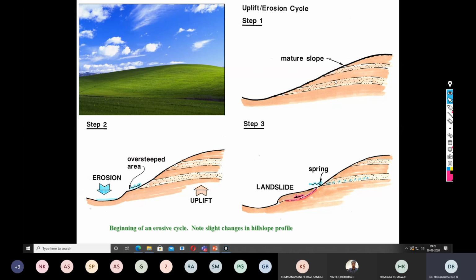But if you look carefully, this is the perfect shape for a failure or landslide, a slow failure or landslide. But what happens in the due course of time? Maybe hundreds of years, maybe thousands of years, what possibly could happen?